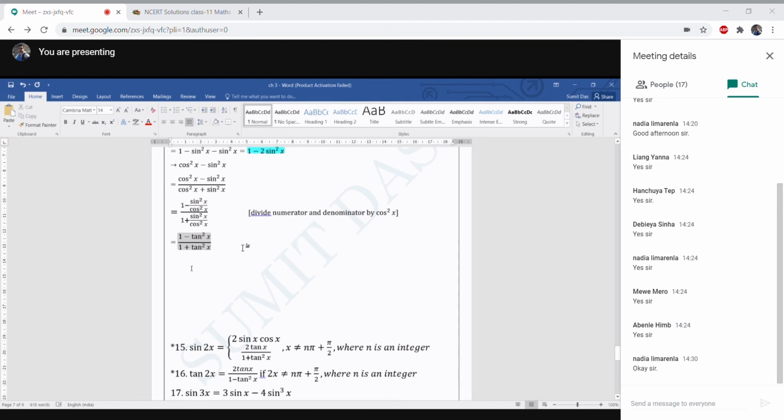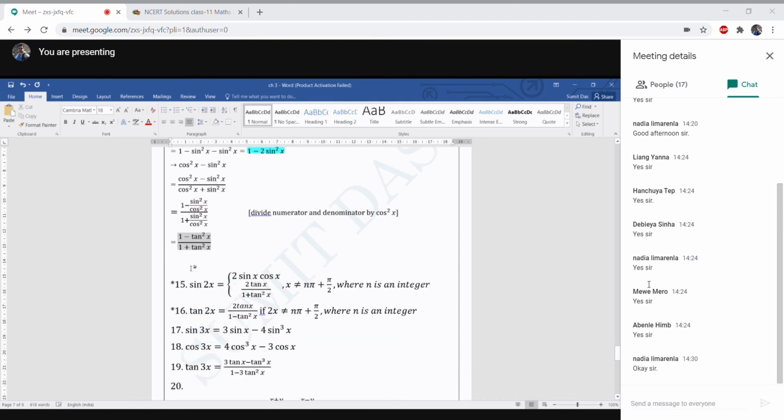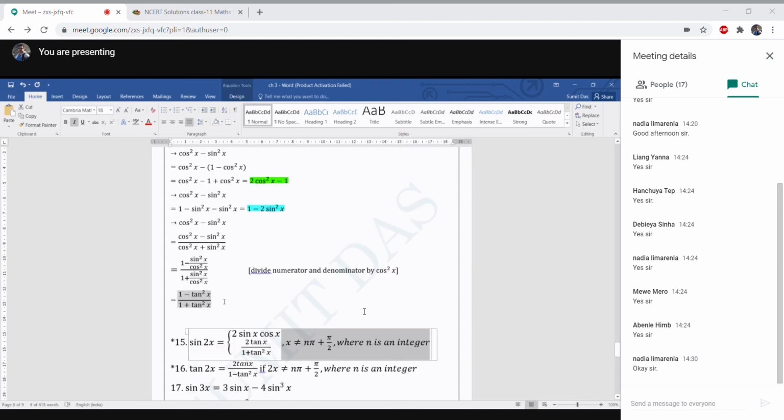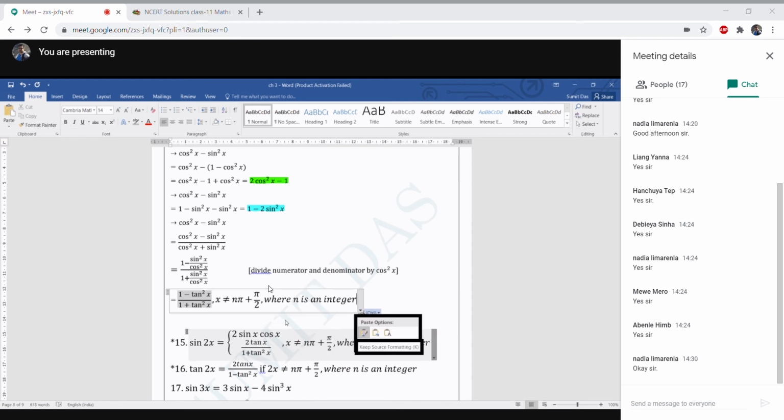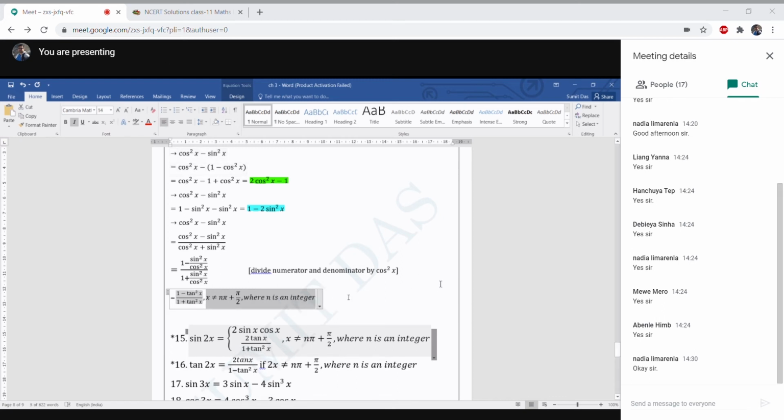Next, sin 2x also similarly. Okay, why is this thing valid here also? What it is saying is that x not equal to n pi plus pi by 2.